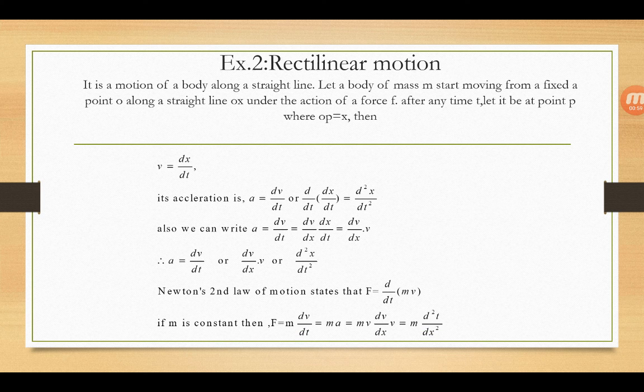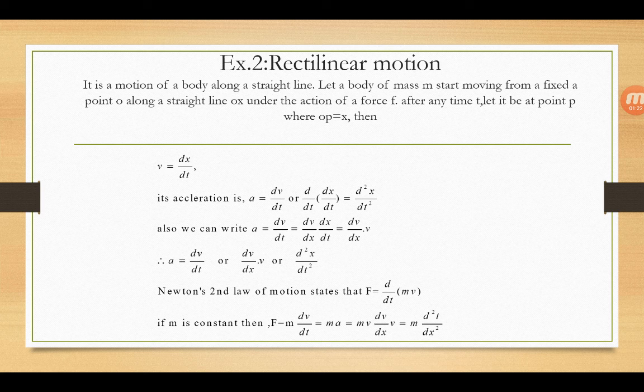Then velocity is given by the rate of change of displacement with respect to t, and acceleration of that body is given by the derivative of v, or you can say d by dt of dx by dt, which is nothing but d2x by dt square.